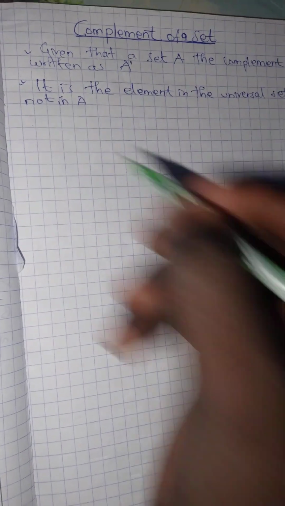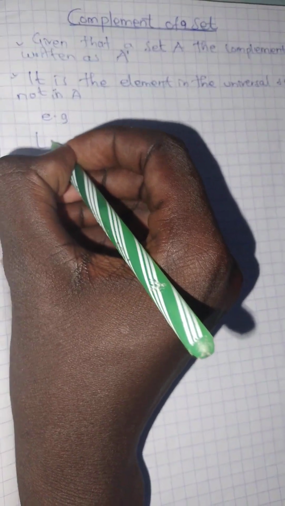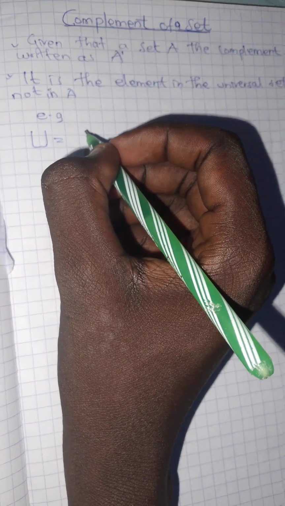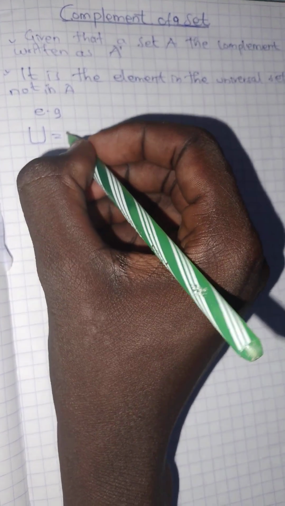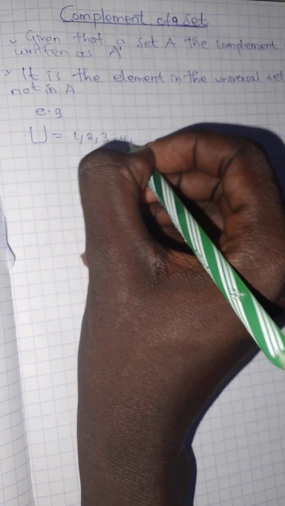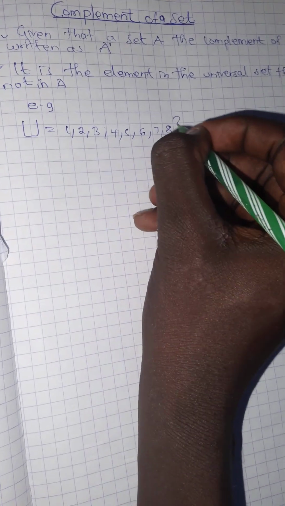For instance, we have a universal set represented by U, with the following elements: 1, 2, 3, 4, 5, 6, 7, 8 within a curly bracket.